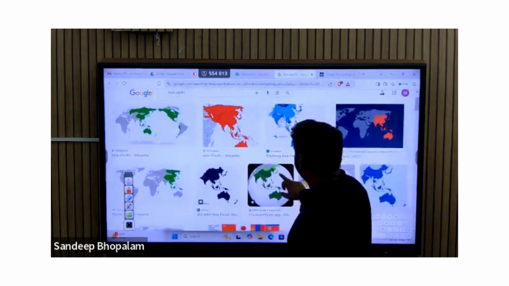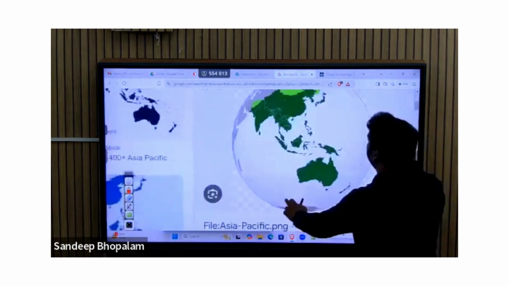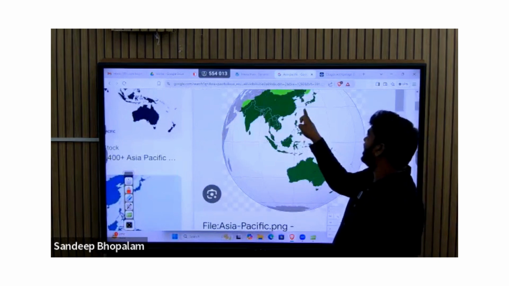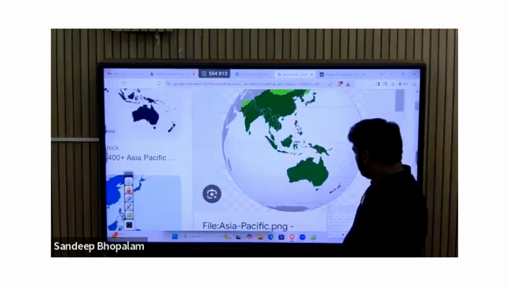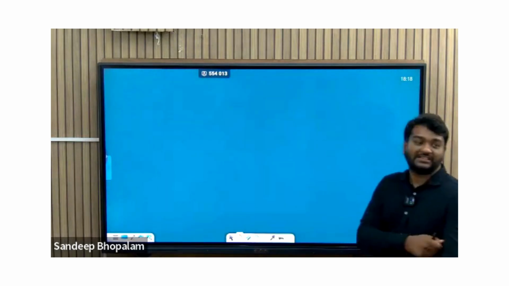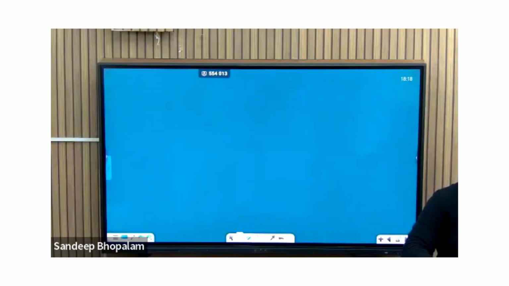This particular part is the South China Sea, East China Sea region. So from India, I can hit till here. That is the intercontinental ballistic missile which India has developed recently. So, I have given some additional information.